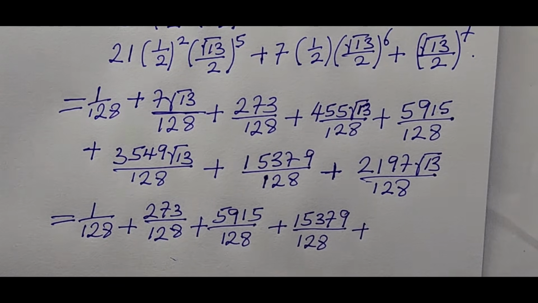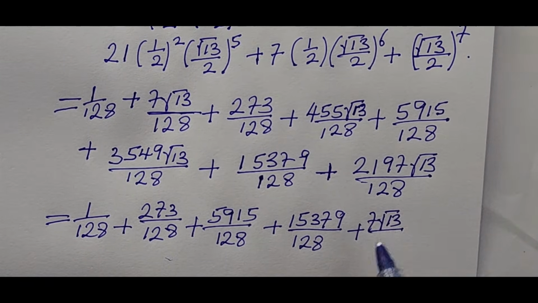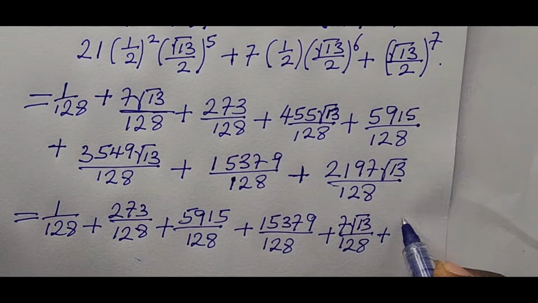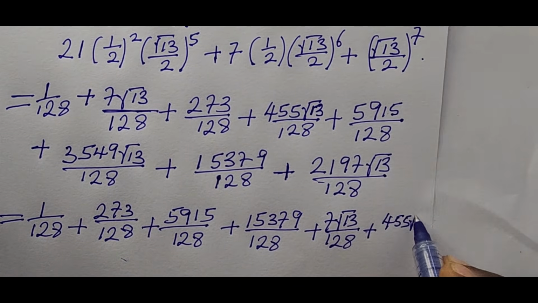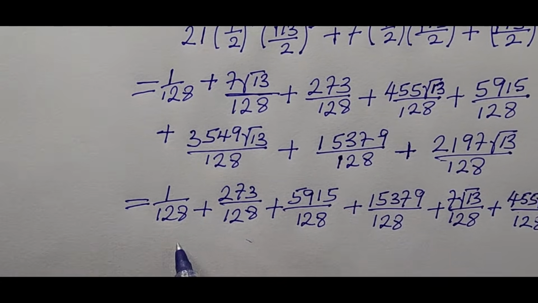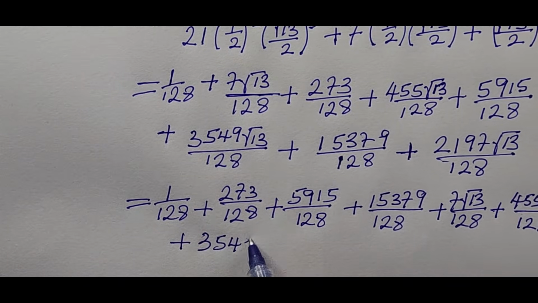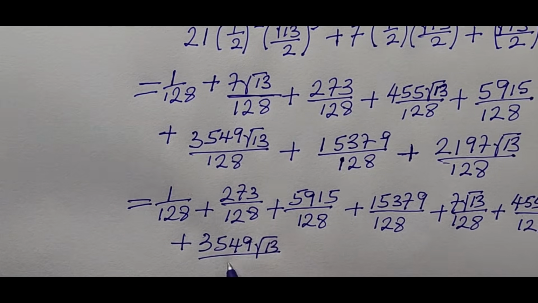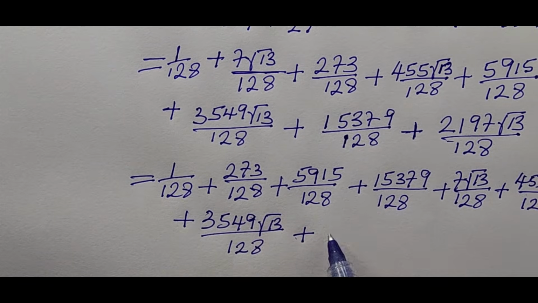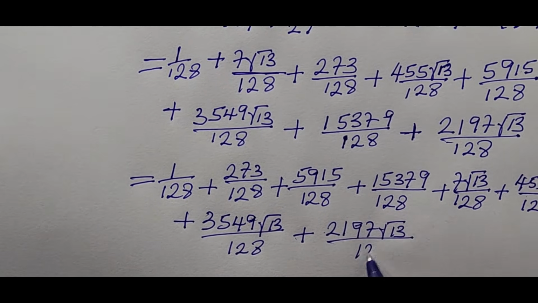Plus, let's take the ones having root. We have 7 root 13 all over 128, plus the next one having root, 455 root 13 all over 128, then plus 3549 root 13 all over 128, then plus the last one, which is 2197 root 13 all over 128.